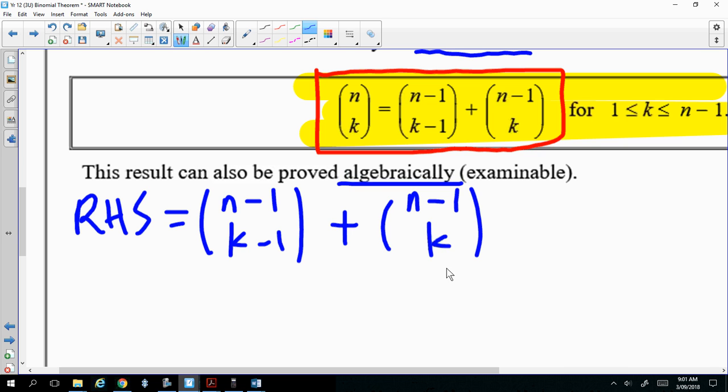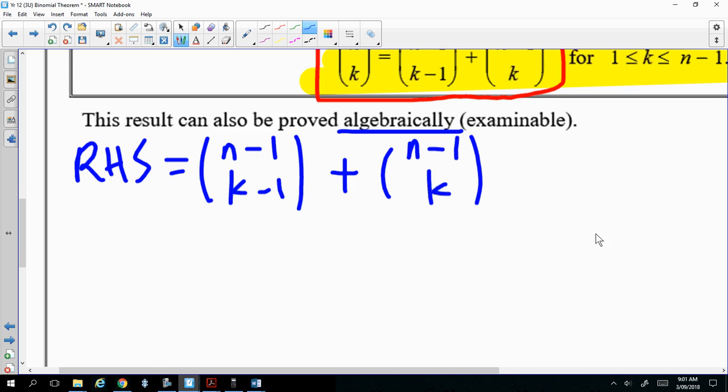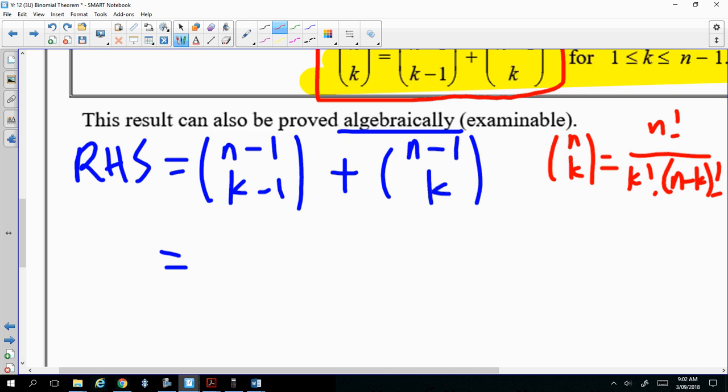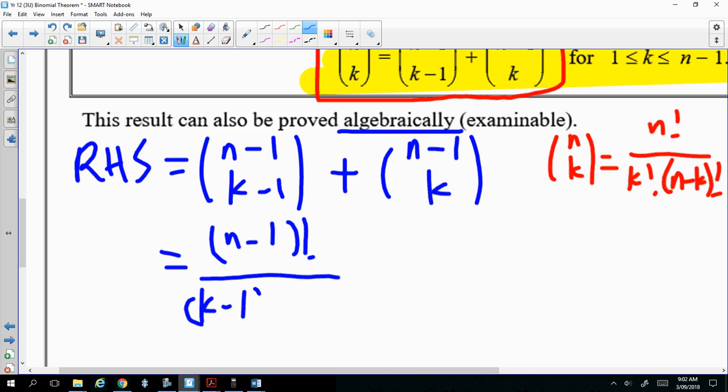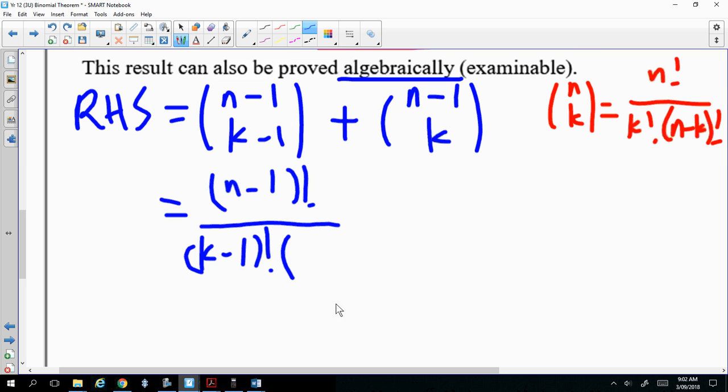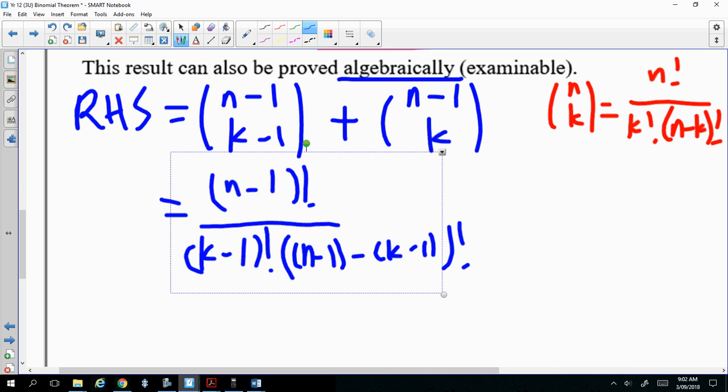And then we continue. Now use the definition. Let me write down the formula next to it: nCk equals n factorial over k factorial times (n-k) factorial. So we're going to use the result (n-1) factorial over (k-1) factorial, and then you subtract these two, (n-1)-(k-1) factorial, like this.